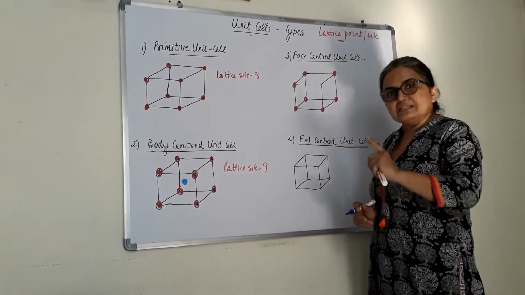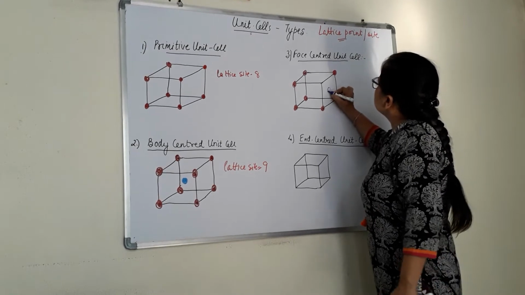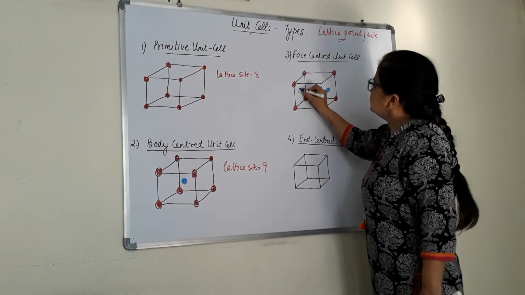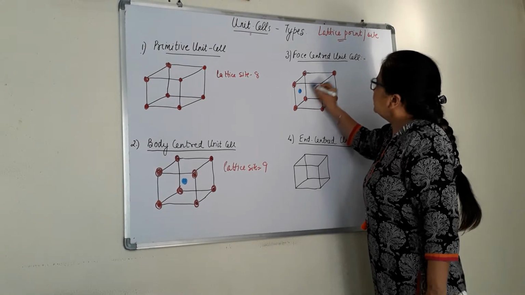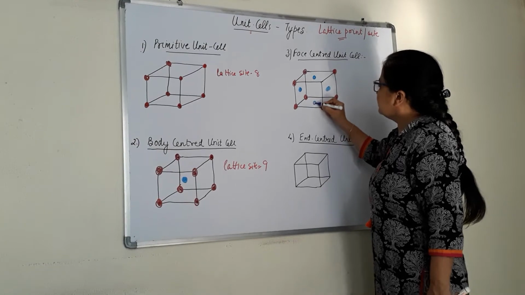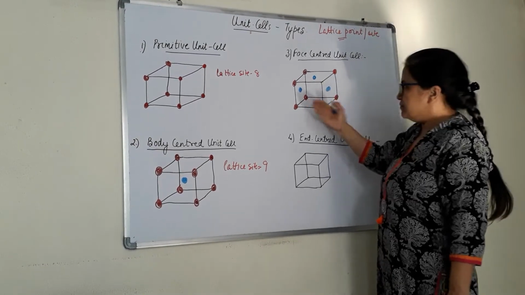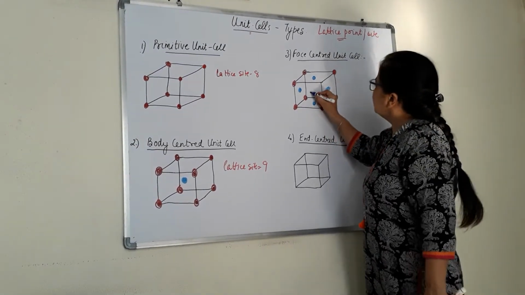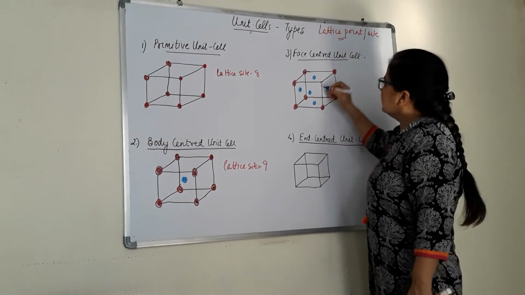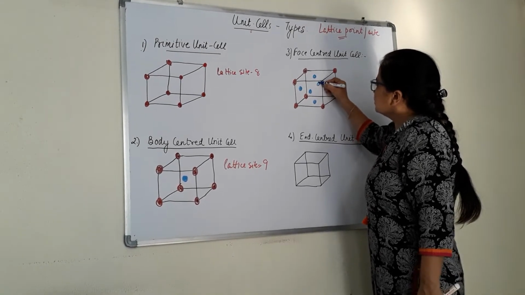So this is one face. We'll complete the 2 opposite faces, the third one here, the opposite one we will place. And one is in front. It's a 3D image, no? So we are not able to see that properly. And one behind that also. So in total 6 faces are there.